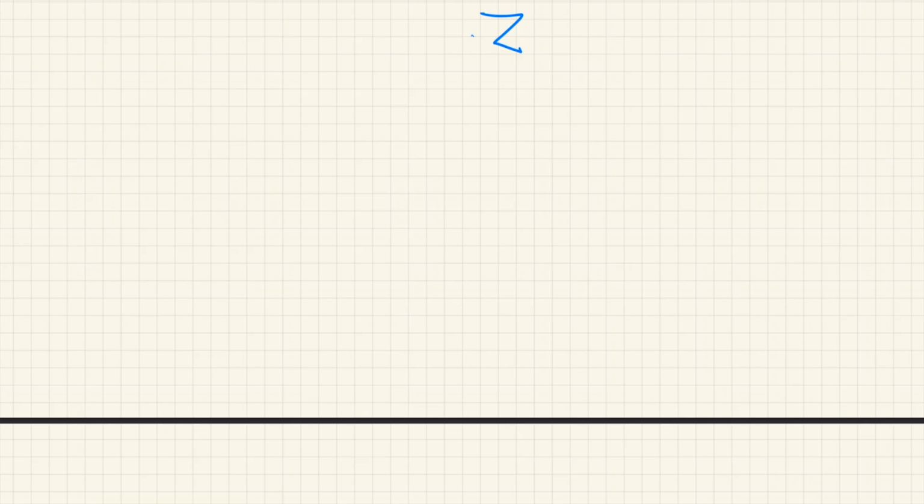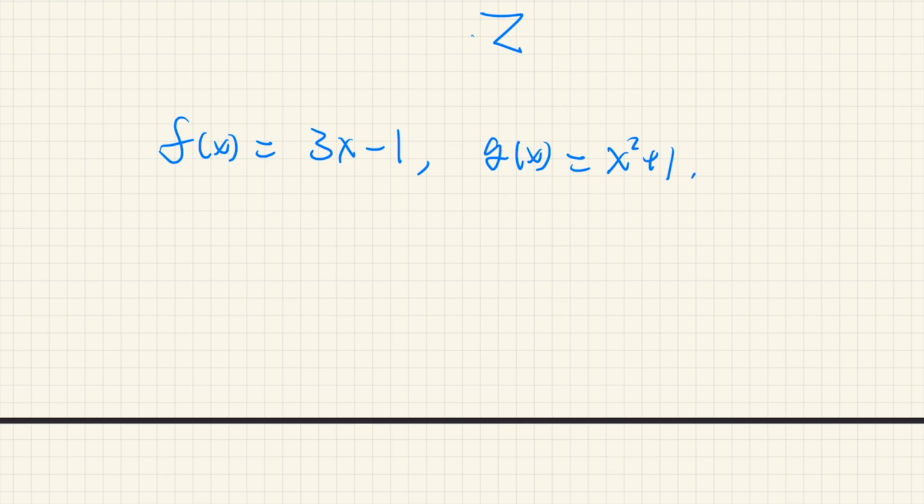Okay. Let's see an example. We consider two functions. f of x is equal to 3x minus 1 and g of x is, let's say, x squared plus 1. So these are both from real numbers to real numbers.